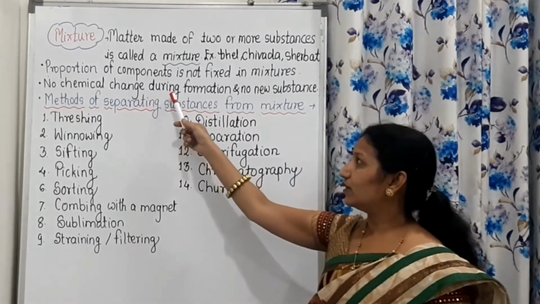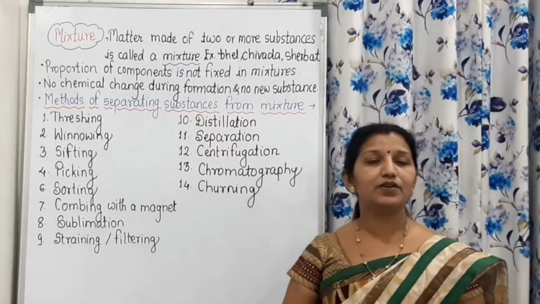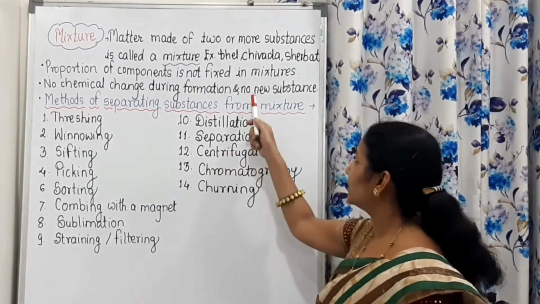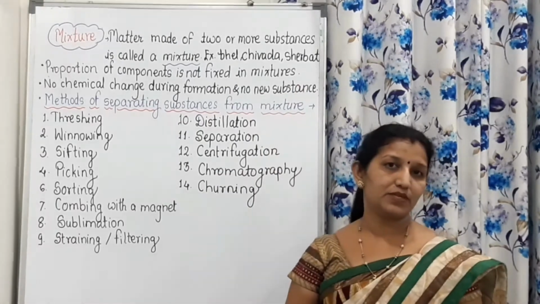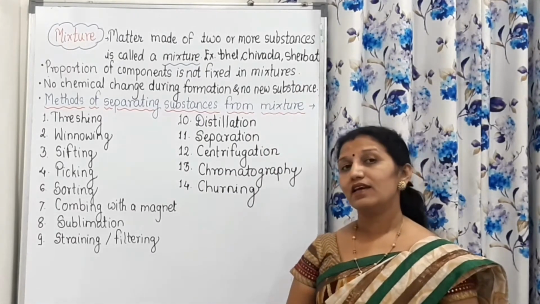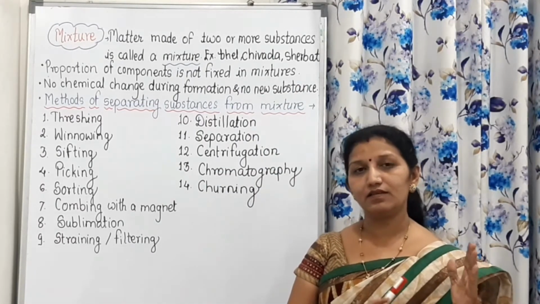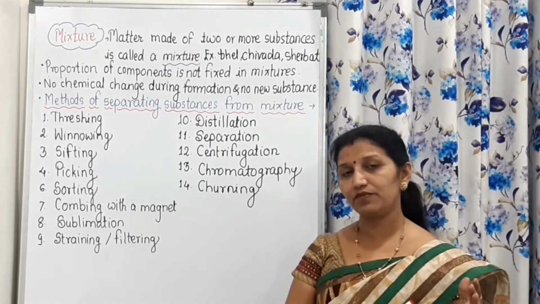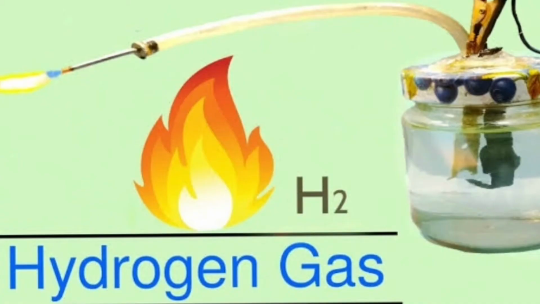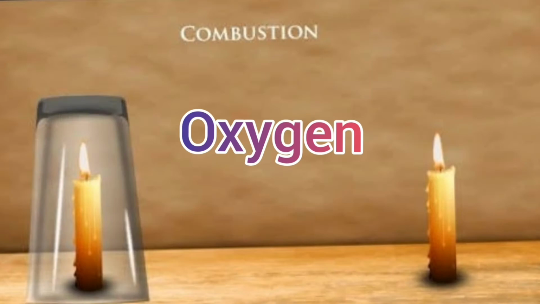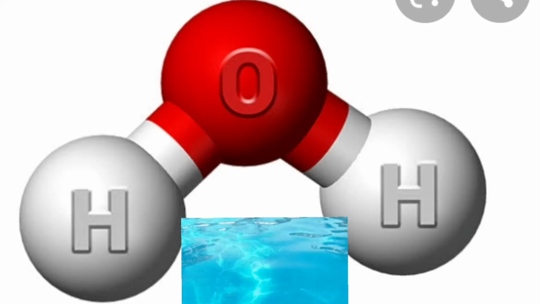Then no chemical change happens during formation of a mixture, and no new substance is formed. We have seen in the formation of water, hydrogen is a gas, oxygen is a gas, but when they combine to form water, water is a liquid.